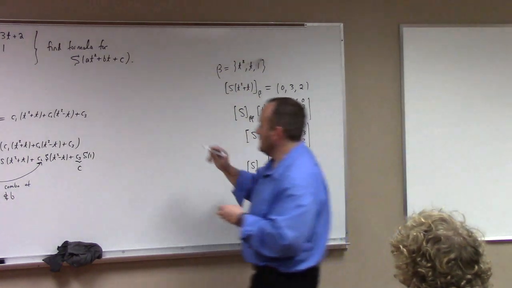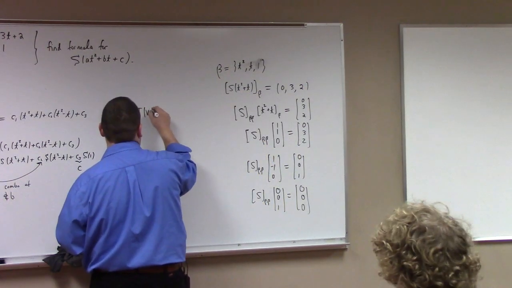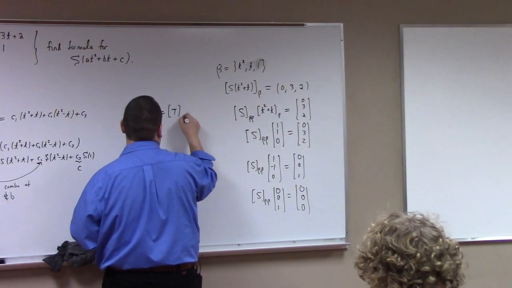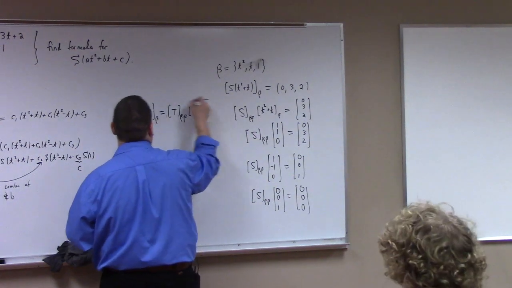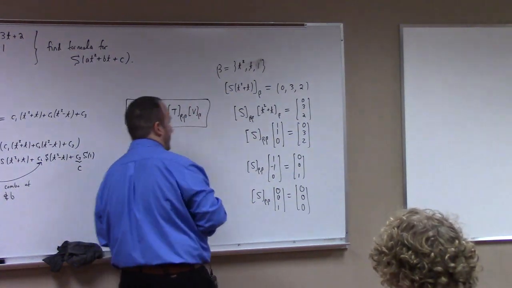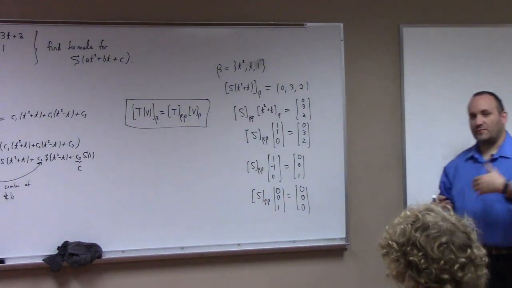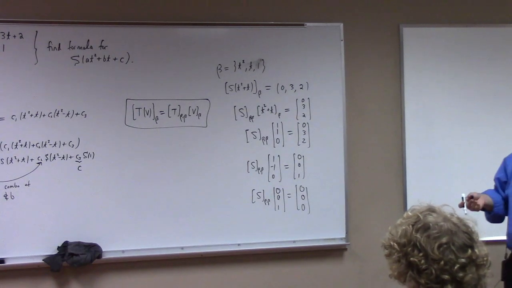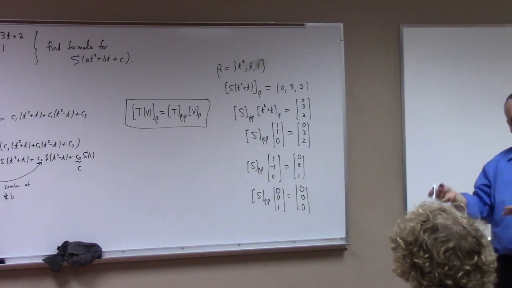So generically speaking, we have T of v, in beta coordinates, equals T beta beta times v beta. If we're working with a linear transformation which goes from a vector space to itself, and we're using the same basis in the domain and the codomain, that's the connection between the abstract linear transformation and its matrix and the coordinates.